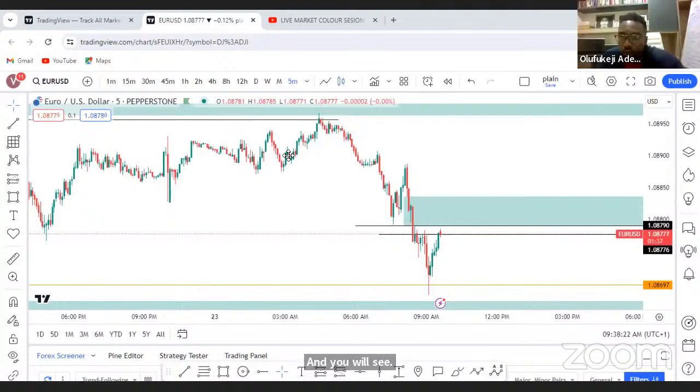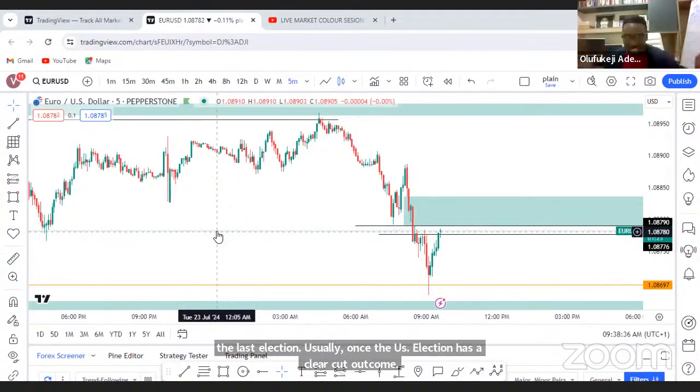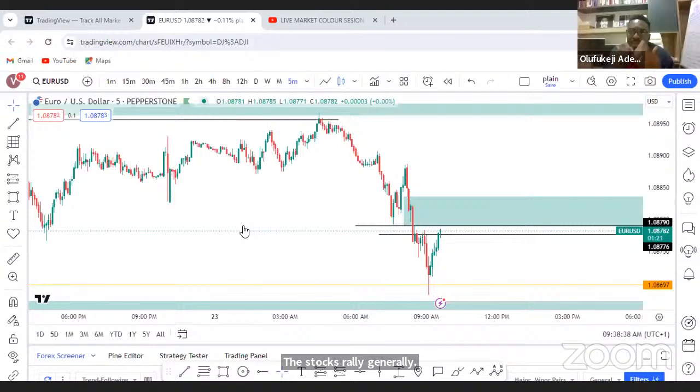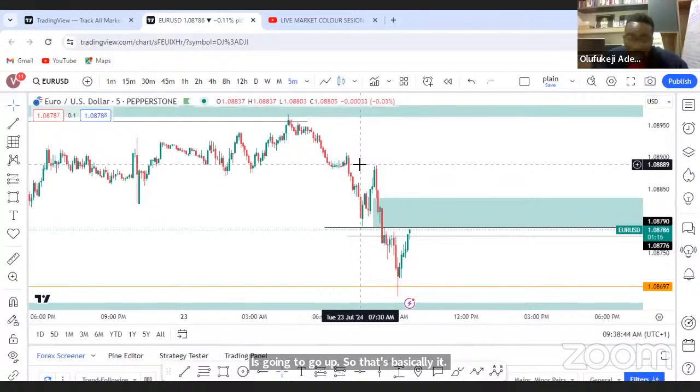Any expectations on how elections will affect the market? Typically, we can see what happened in the last election. Usually, once the US election has a clear-cut outcome, the stocks rally, generally. They rally because of the indecision; now we have a clear president, so the market is going to go up. So that's basically it. In the long term, I don't know.